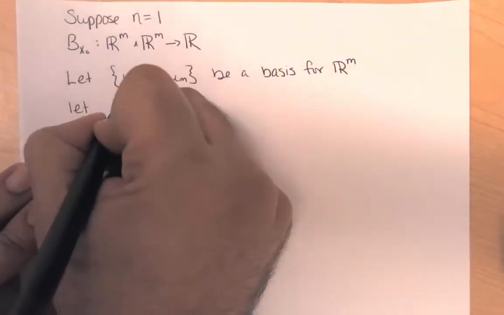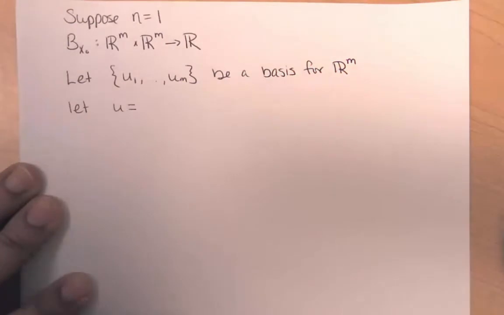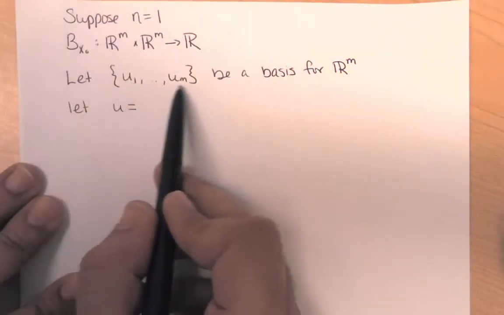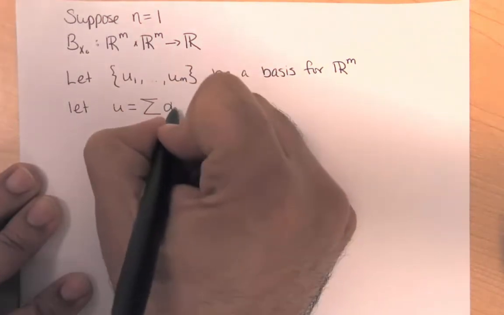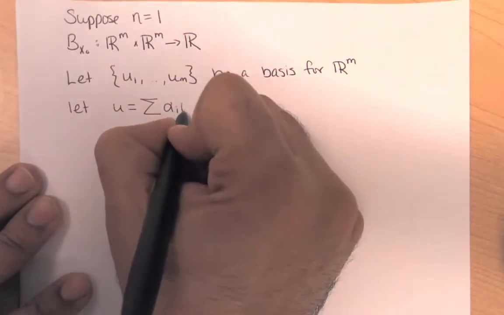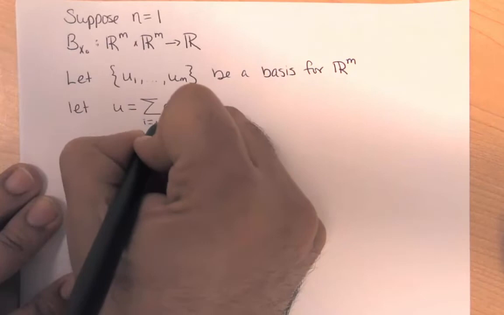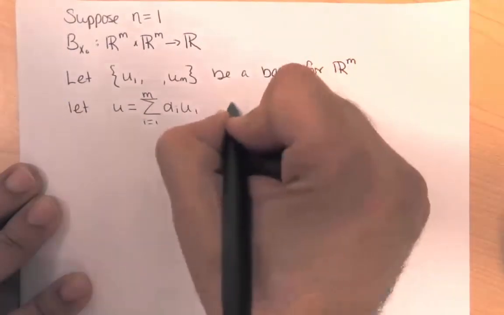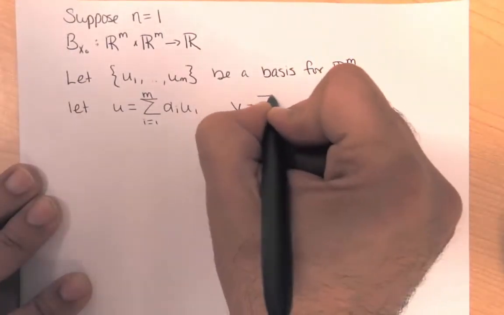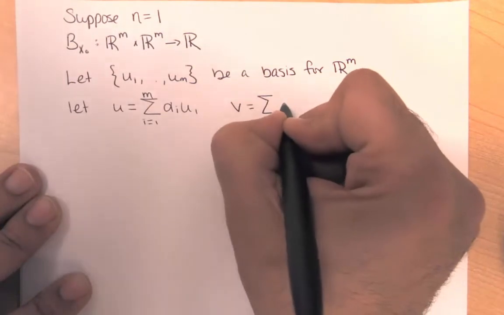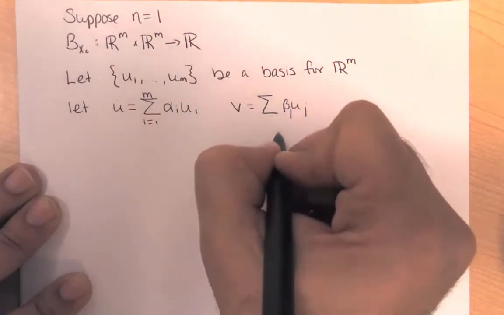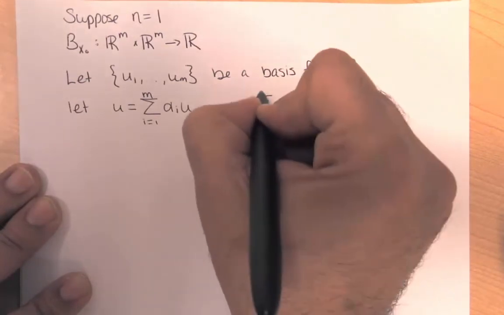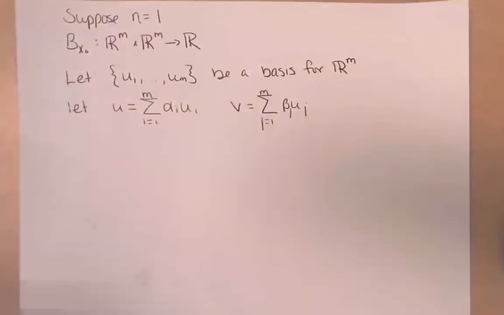Let U, of course U is going to be in Rm, so it's a linear combination of these: the sum of alpha i Ui from i equals 1 through m, and we'll let V also be in Rm, so it's a linear combination of the same basis vectors: the sum of beta j uj from j equals 1 to m.